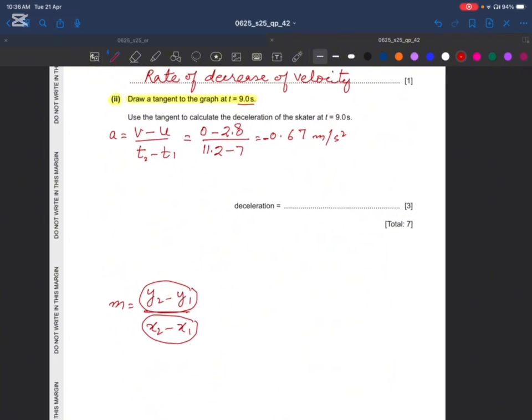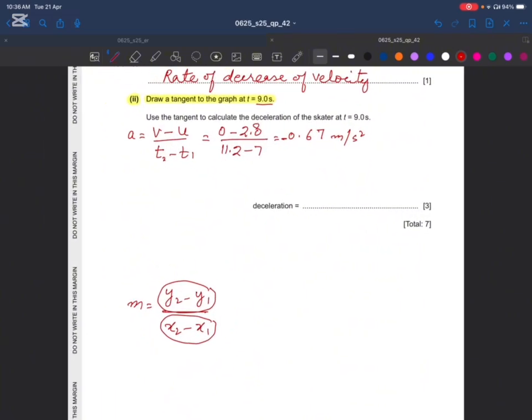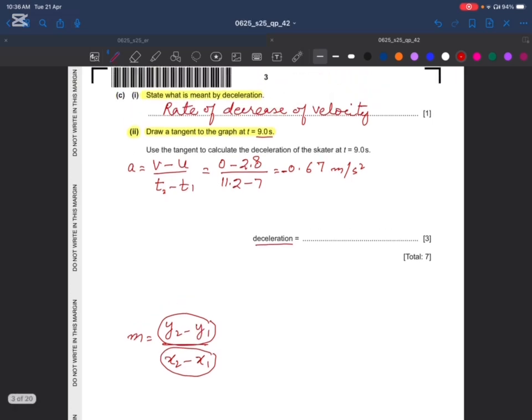But as far as the deceleration is concerned, the definition of deceleration we have already written over here: rate of decrease of velocity. So when you are writing A, any acceleration, then the value is negative. Negative acceleration is nothing but deceleration. So in your answer, you need not mention the negative sign, but obviously the value and the unit.